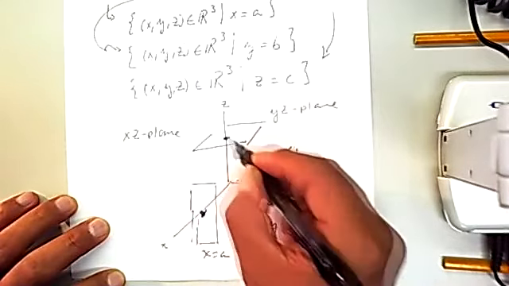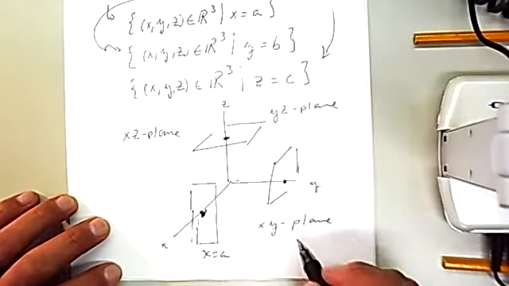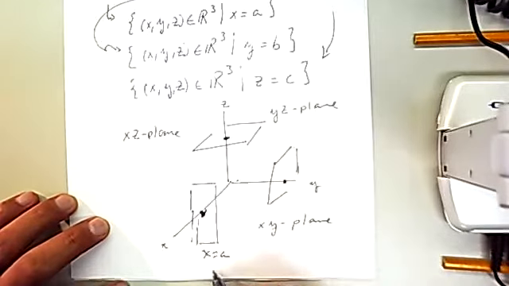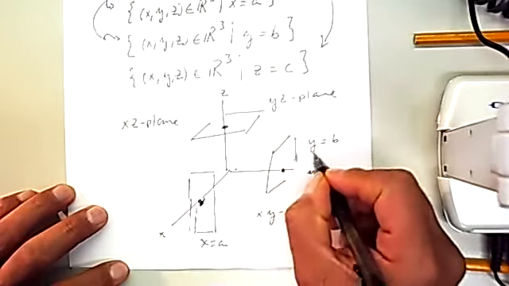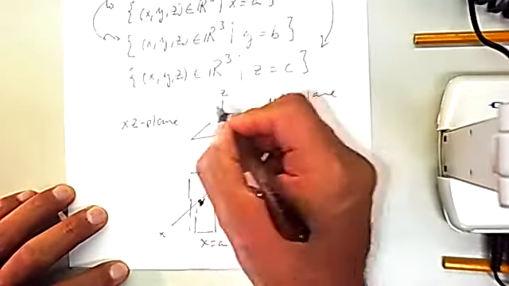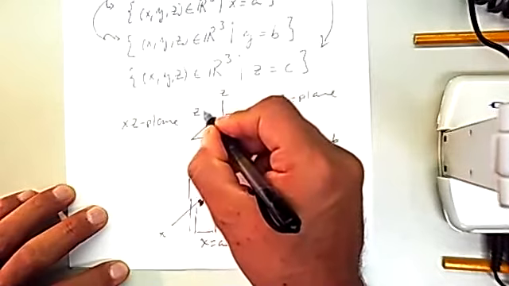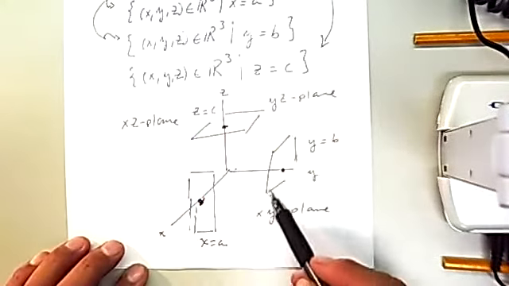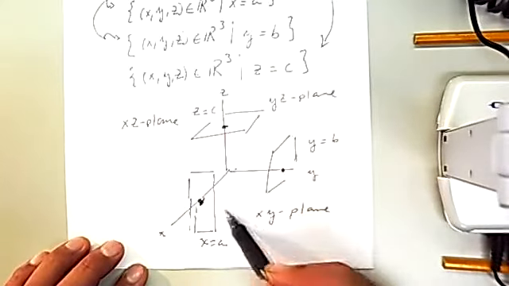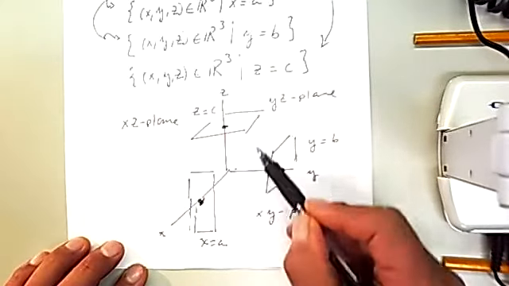So it goes through the c. So those are three different planes. This would be x equals a. That one is the y equals b plane. And this is the z equals c plane. And they would intersect at a point somewhere, with coordinates a, b, c.